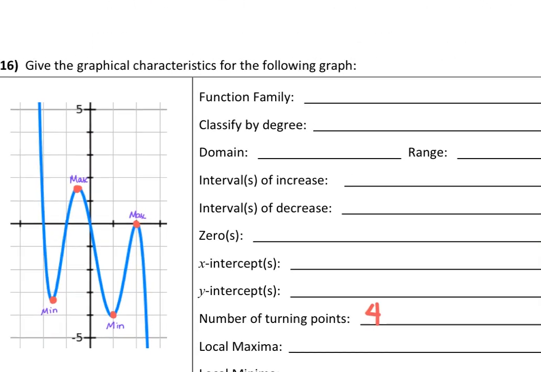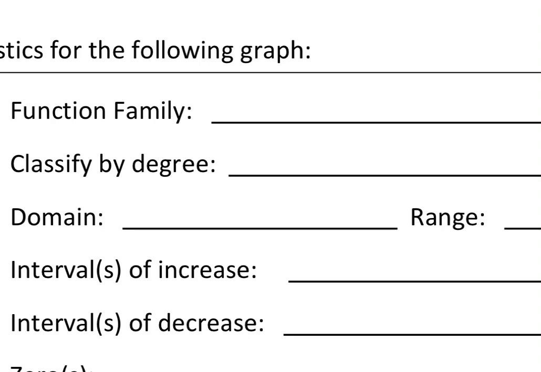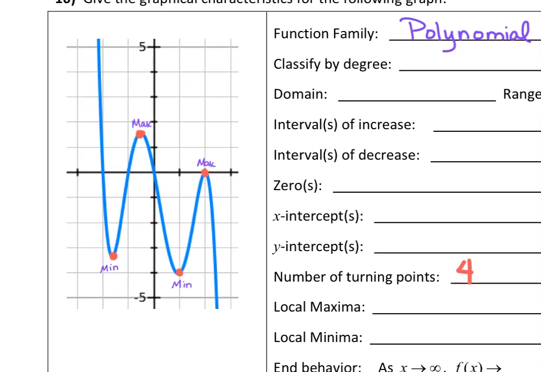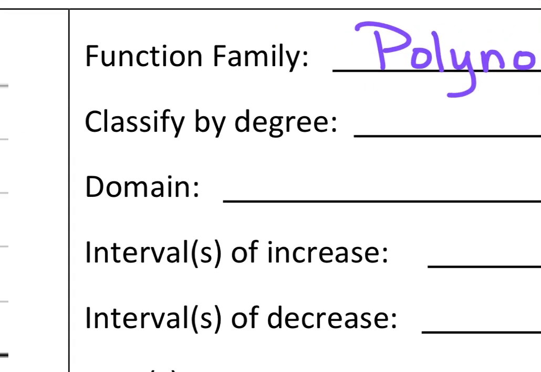Now, the function family itself is polynomial, and remember that if you forget that, just look at the front of the test. Up by where it says name and you've written your name, it'll say test polynomial functions. Now, since there's four turning points, the probable degree for this polynomial is 5th degree, but it says classify.